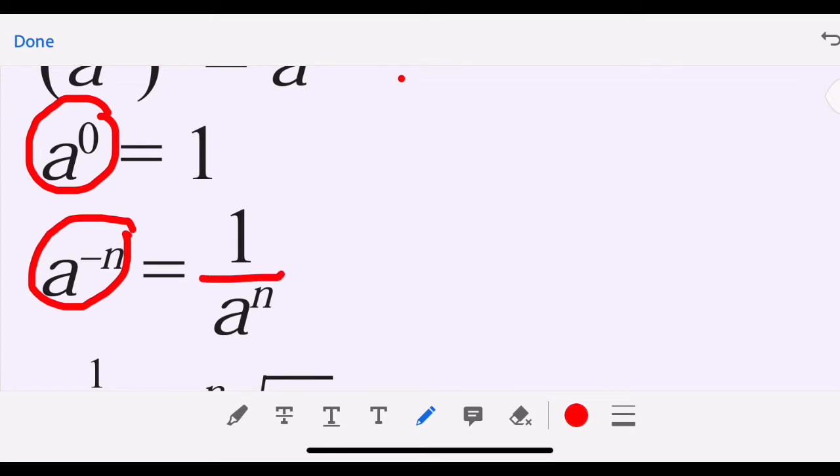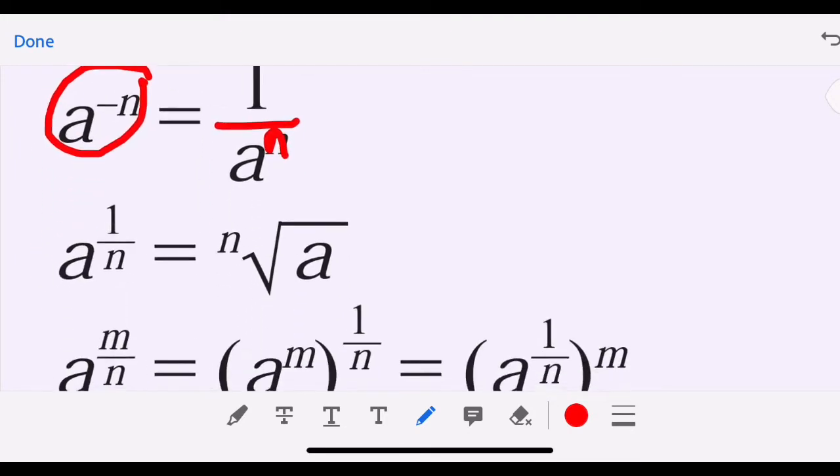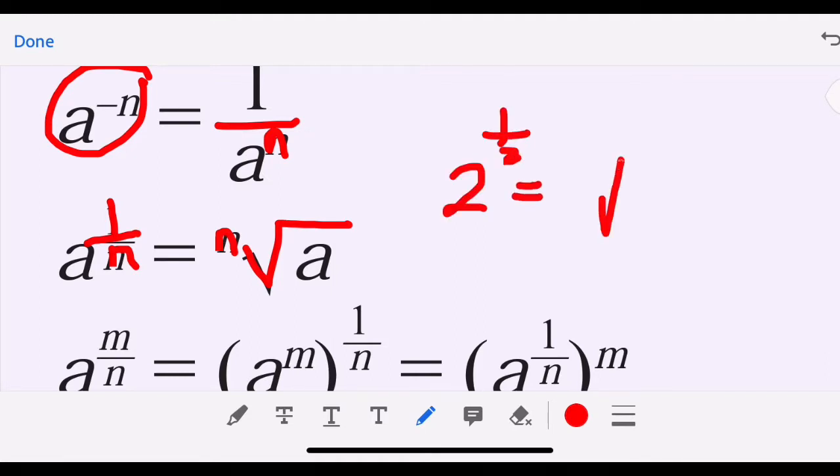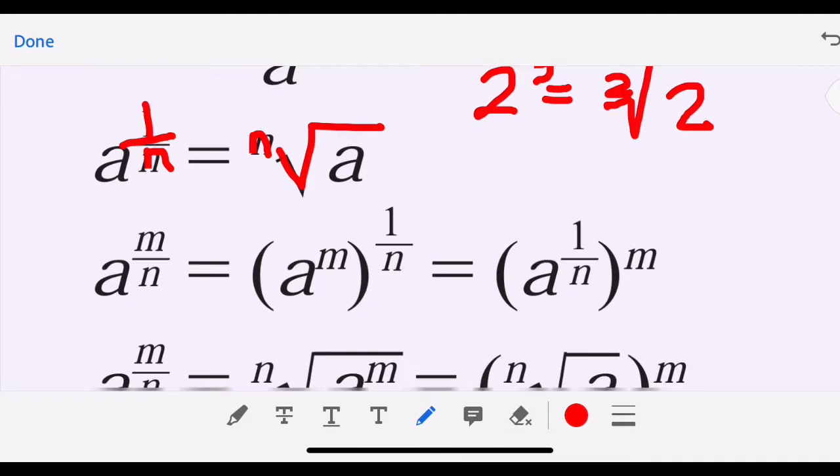When bringing down, it will be positive n, and then this is 1 over n, so this is the n and this is the root. Okay, example, 2 to the power 1 over 2, we can write as square root of 2. So if here 3, here will be 3, right?